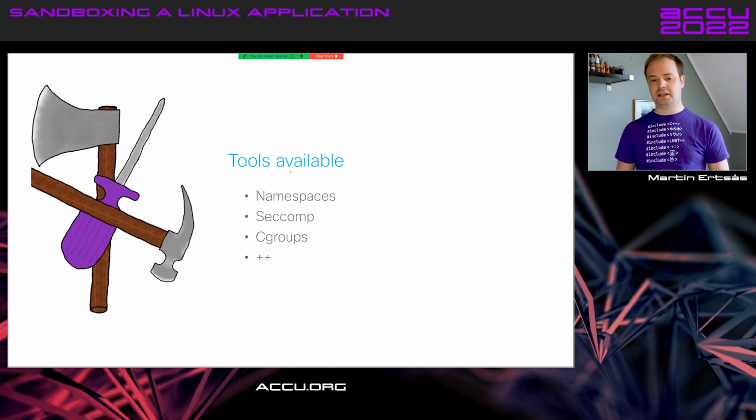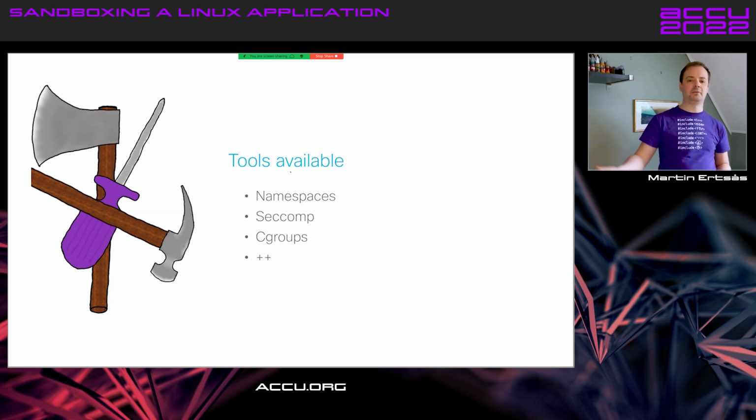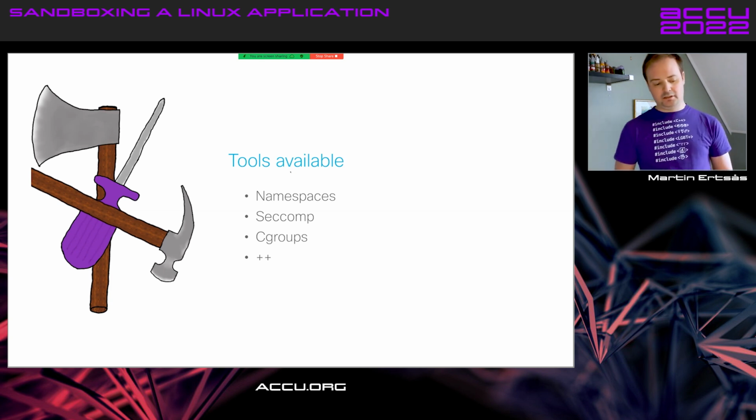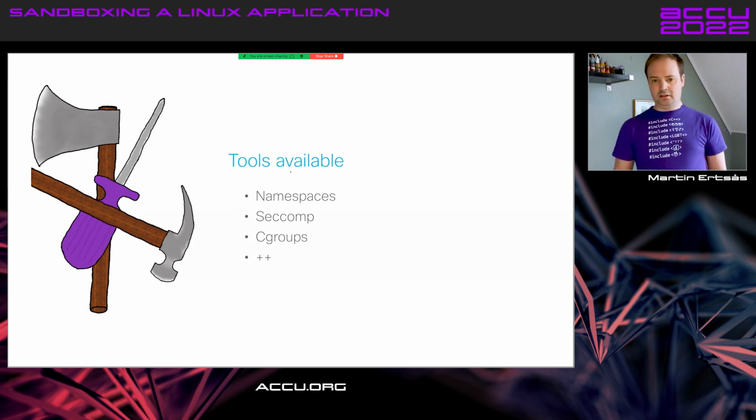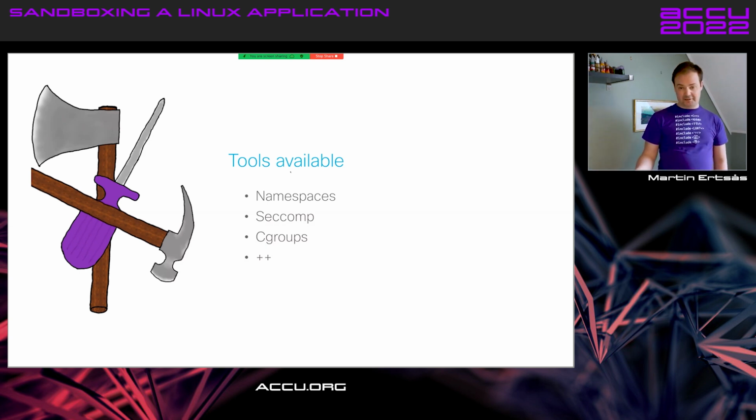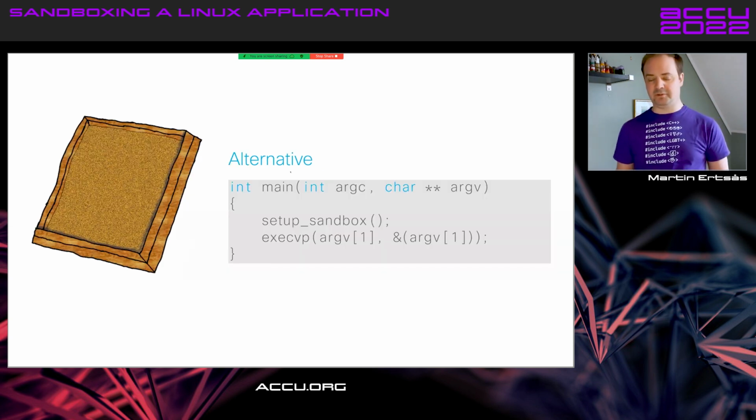And I view these as the building blocks to make a proper sandbox. You could use them together with other tools like SELinux or AppArmor. They won't interfere with each other, and it's basically just another layer of security on top. But we'll start by talking about namespaces, but before we get to that, let's look at our application.